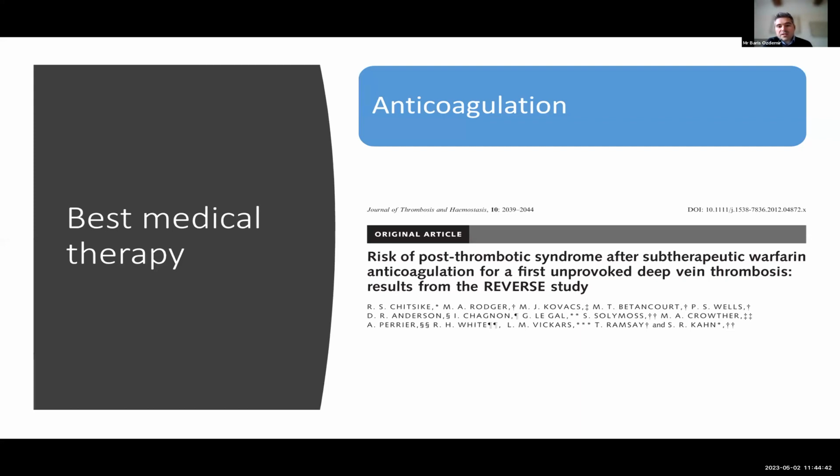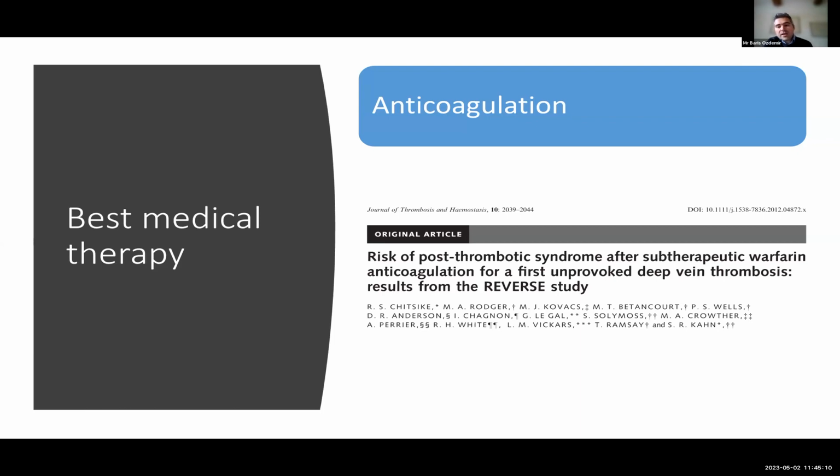And we know from previous studies that patients that have effective anticoagulation are more likely to have a healthier limb, i.e. less likely to have post-thrombotic syndrome. And I think this study had shown that if INR was in range 80% of the time, the post-thrombotic syndrome risk was 1 in 5 versus 1 in 3 in patients when it wasn't.